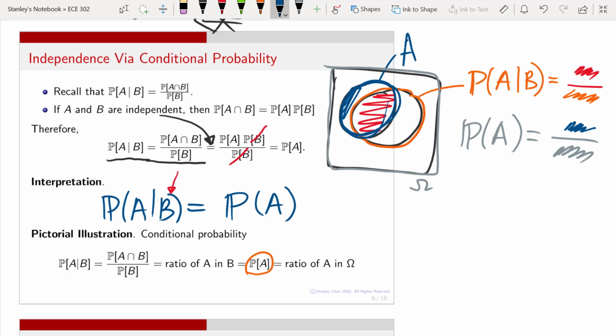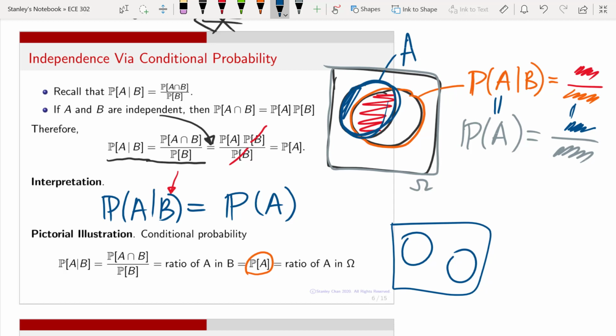So when you say that the two events are independent, you are putting a geometric interpretation that these ratios are the same. That is very different from saying that the two events are disjoint. Disjoint would just say that the two sets are not overlapping.